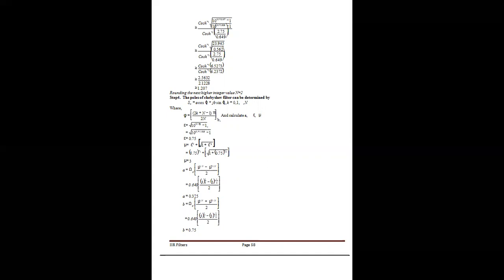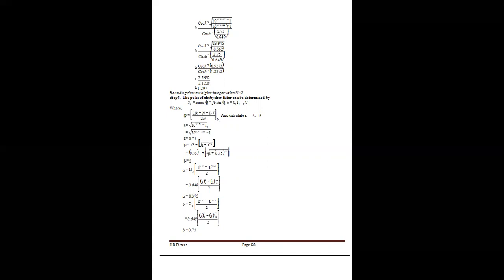Okay, and then we have to find the major and minor axis, that is the values of A and B. A is equivalent to omega p into (mu to the power of 1 by n minus mu to the power of minus 1 by n) divided by 2. Then we get the value of A equivalent to 0.375.